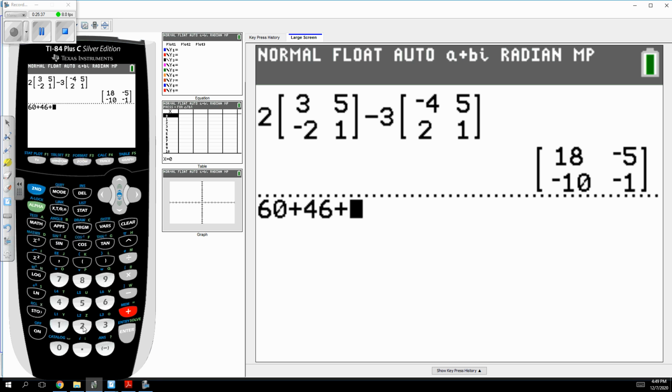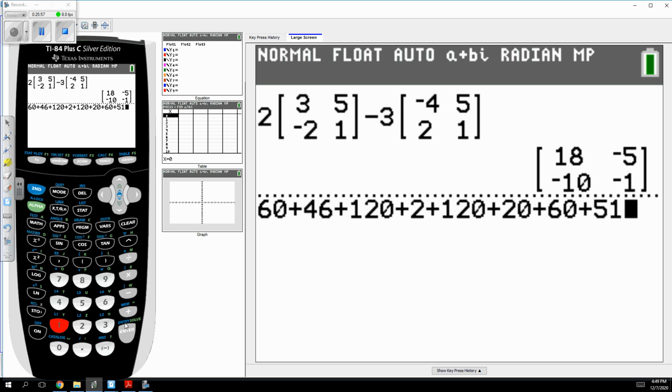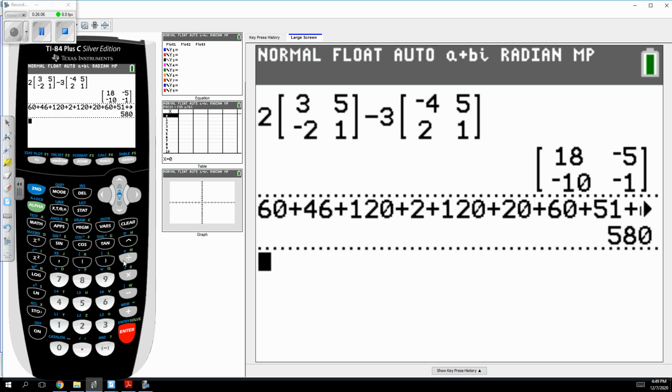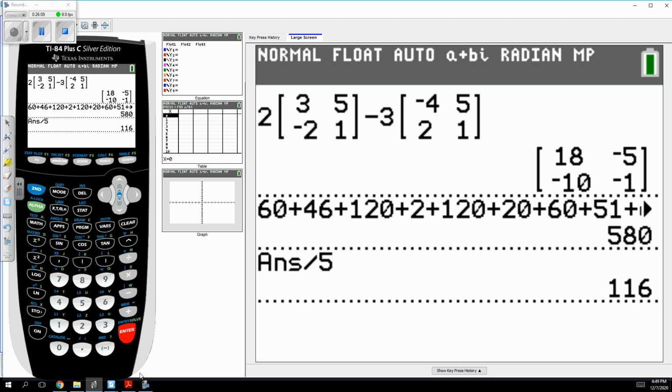And I'm going to add all 5. 2 minutes is 120 plus 2. 2 minutes, 20 seconds is 120 plus 20. And then 1 minute 51 is 60 plus 51. And then 1 minute 41 is 60 plus 41. That's all the experimentals. So I think they want the average. So I get 116. 116 is the average for the experimental group.